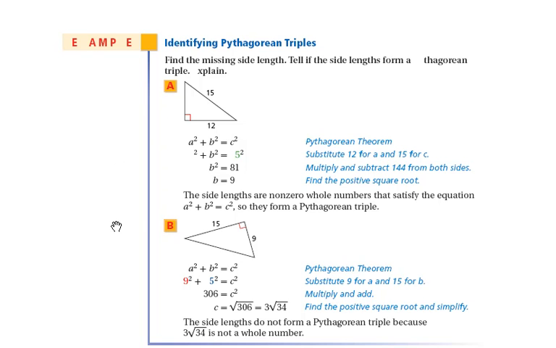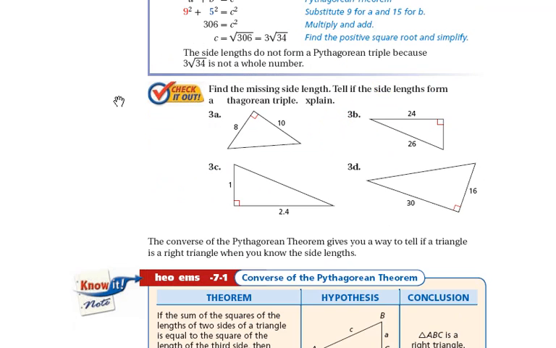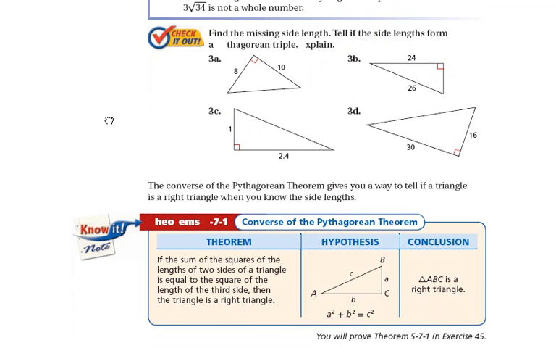Take a look at a few more examples here. These are a couple of examples where, again, you're using the Pythagorean theorem. We use that quite a bit, so you want to make sure that you understand what's going on with that formula. We also talk about the converse of the Pythagorean theorem, and basically this is just saying that if you can show that a squared plus b squared is equal to c squared, then you can conclude that that triangle is a right triangle.